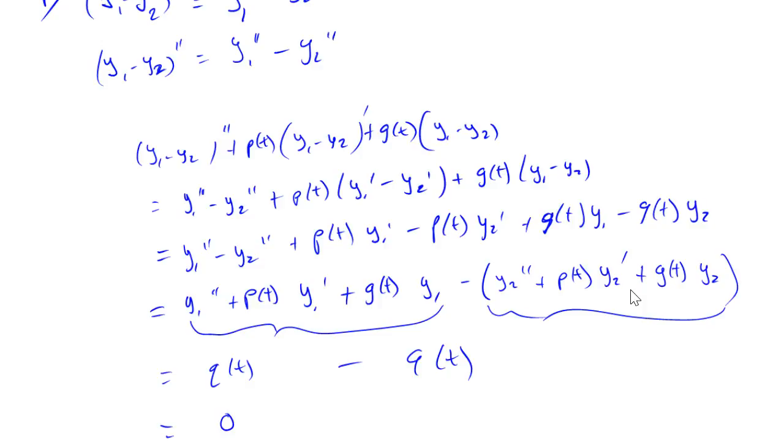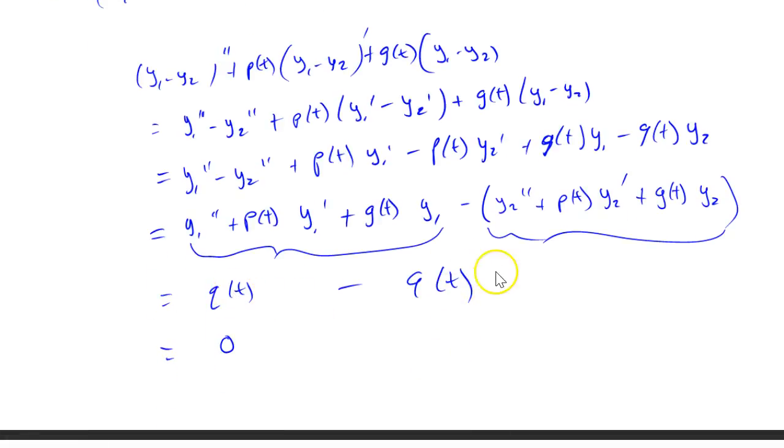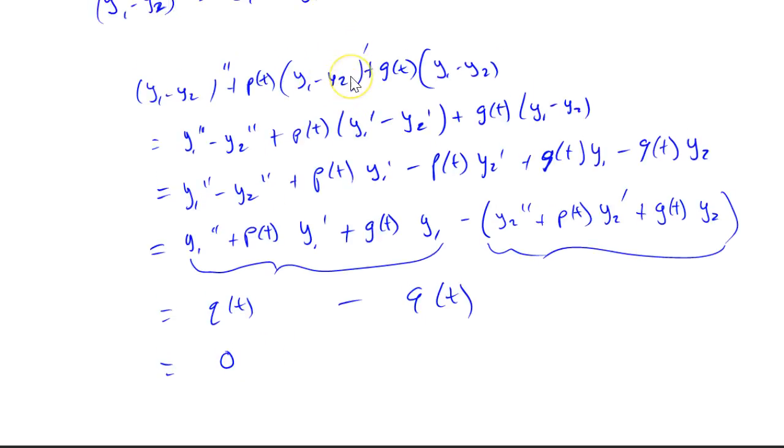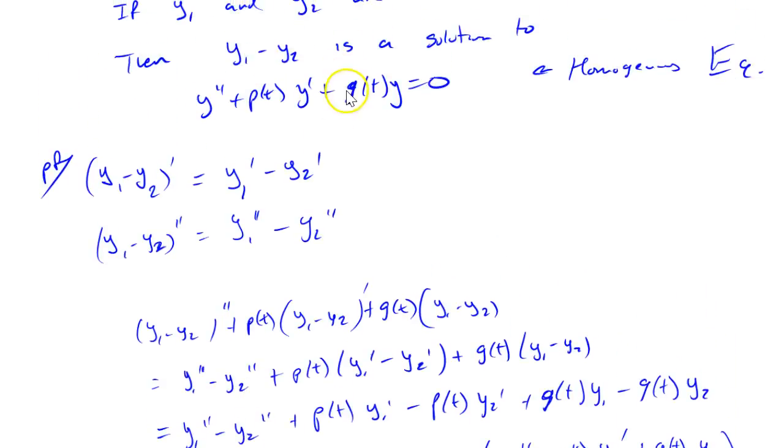So you plug y2 into the left-hand side, you get q of t out again, and q of t minus q of t is 0. So what happened? We plugged y1 minus y2 into the left-hand side, and we didn't get q of t out, we got 0 out. So y1 minus y2 is indeed a solution to the homogeneous equation, this one. Okay.